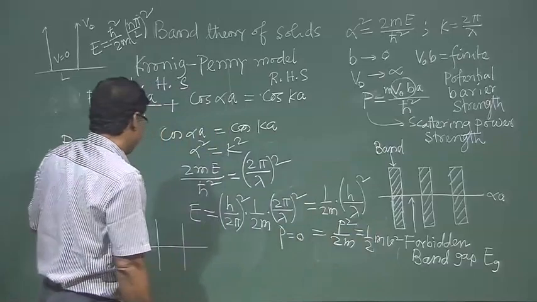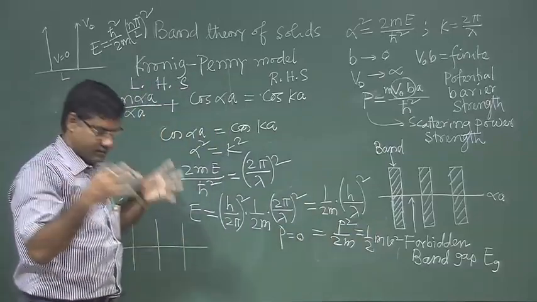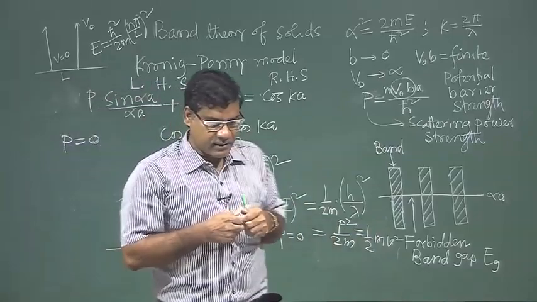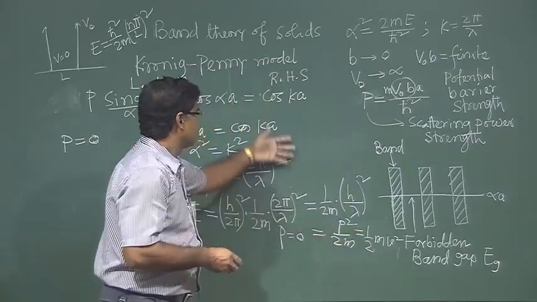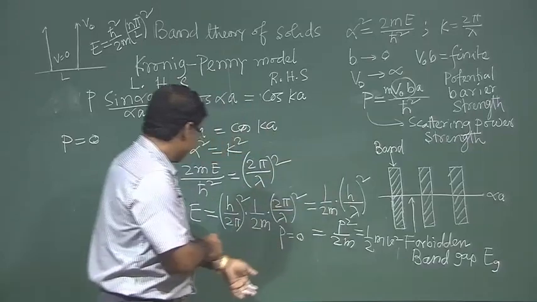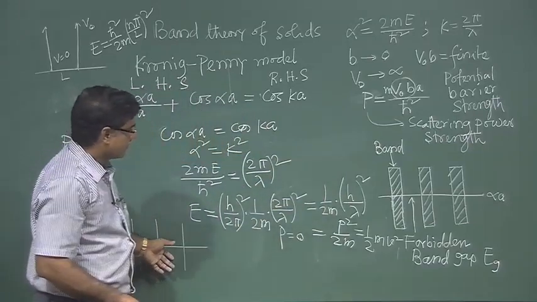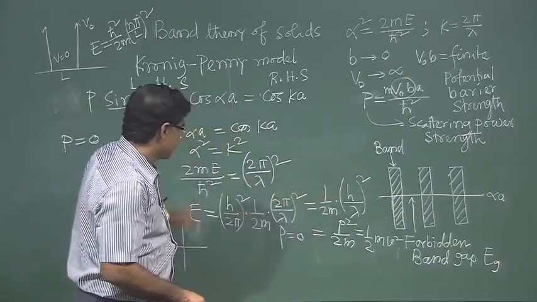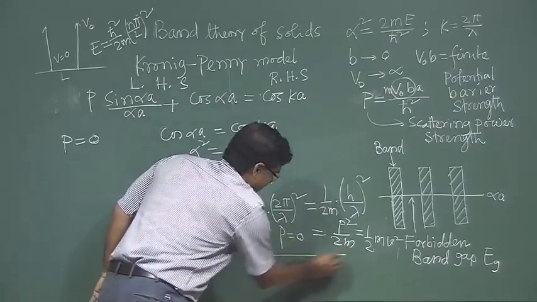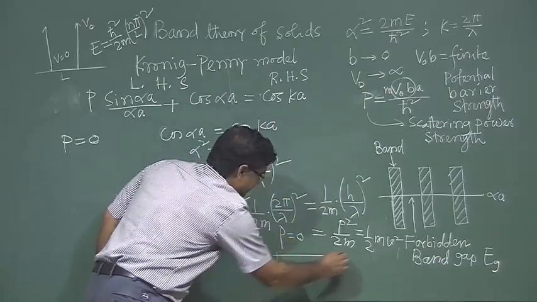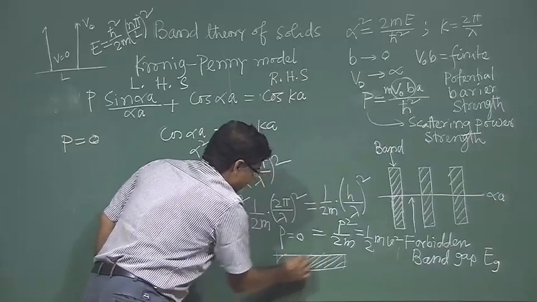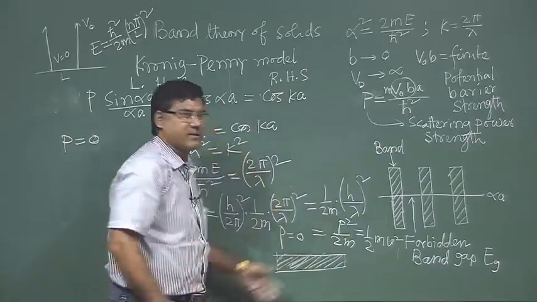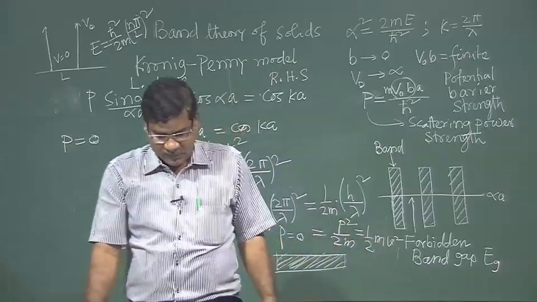When P equals infinity, electrons are strongly bound in the system. So when I draw it for the case P equal to 0, the allowed energy levels are continuous, all energies. So electrons are free in the lattice.